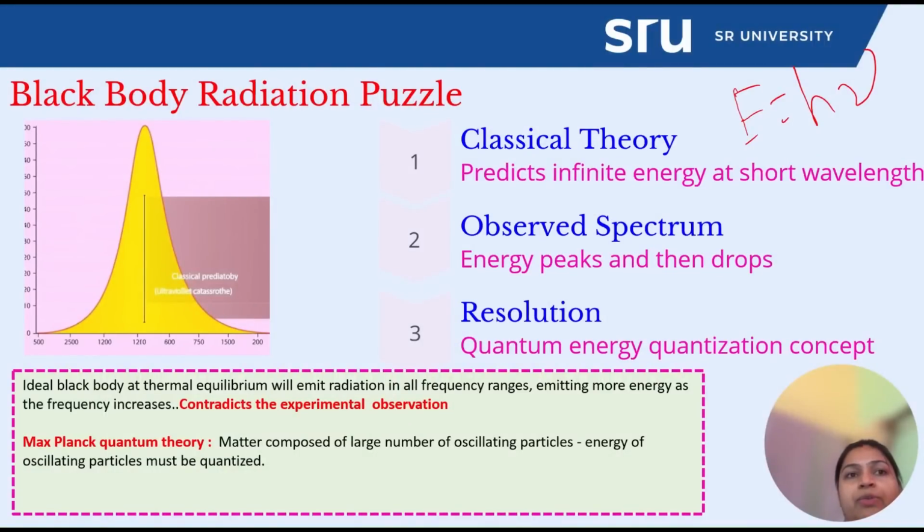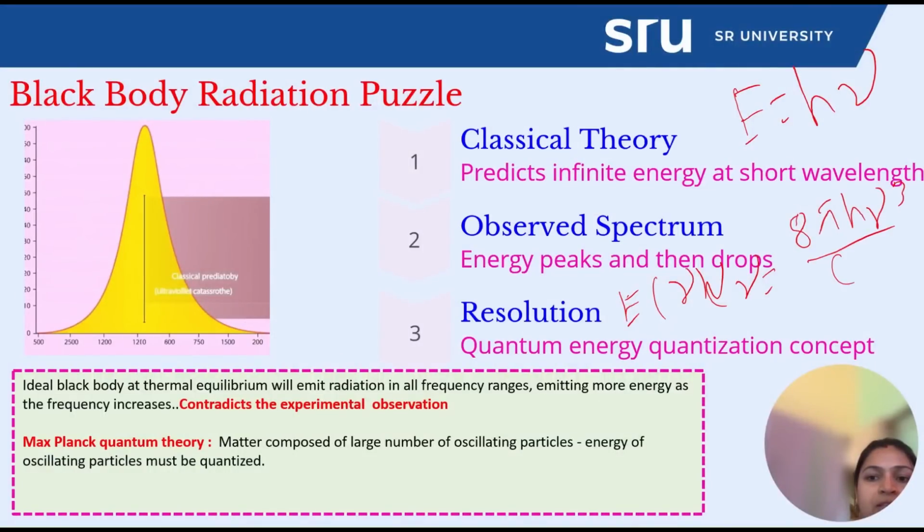And he introduced the total energy variation, E nu d nu, equal to some constant like 8 pi h nu cubed by c cubed, multiplied by 1 by e to the power h nu by kT minus 1, into d nu. So this actually matches the experimental result perfectly, and especially explains the drop-off at high frequency.